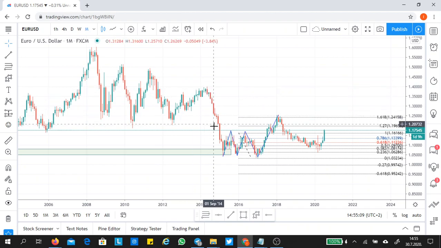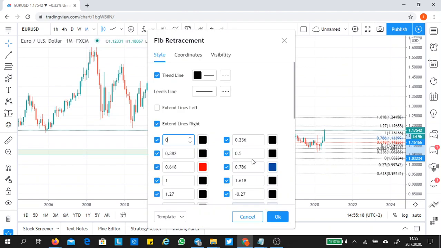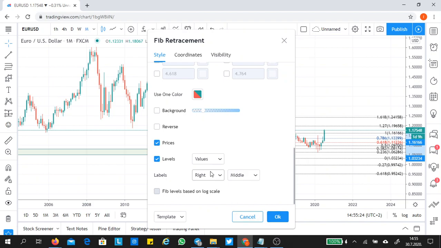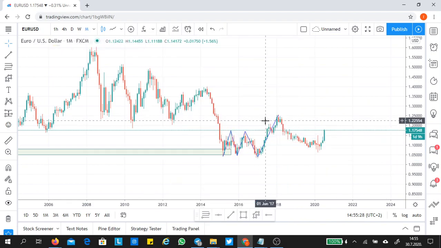The last large or impulse move was this one, and we will now make a Fibo level, let's say, okay, we will delete this one.